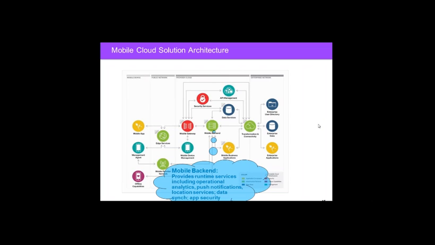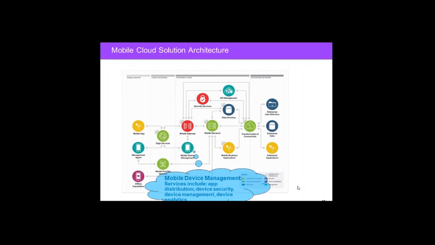So the core here is you're building out applications and you need runtime services and access to key mobile services in your mobile backend. These seem to be the standard set of services. If you look across multiple vendors and open source, you see a very consistent set of services around data sync, analytics, push notifications, locations, and security services out of the box. Next slide, please. Thank you.